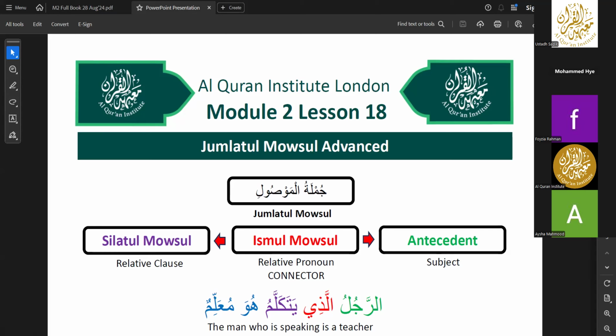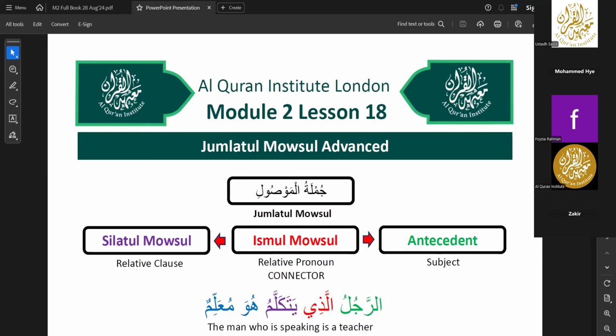Yes, so the categories, such as relative pronouns and demonstrative pronouns. So there are 2 more. When we say demonstrative pronoun, that's Ismul Ishara. What else?